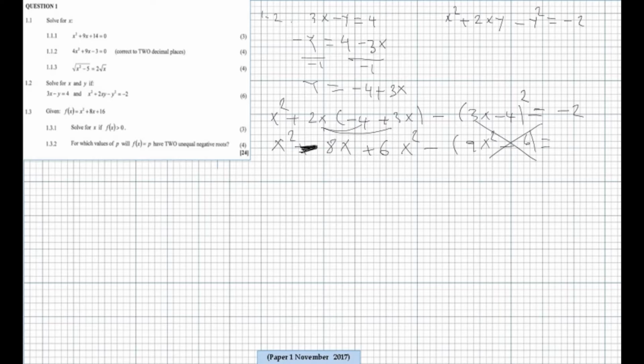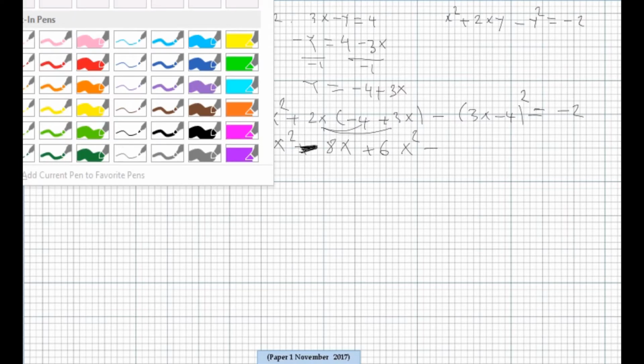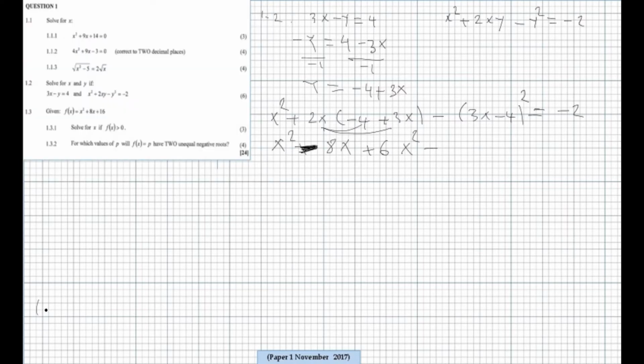So what we are going to do here is use one of the identity laws of factorization. Because we know that a minus b squared is equal to a squared minus 2ab plus b squared. So this is what we are supposed to have here.